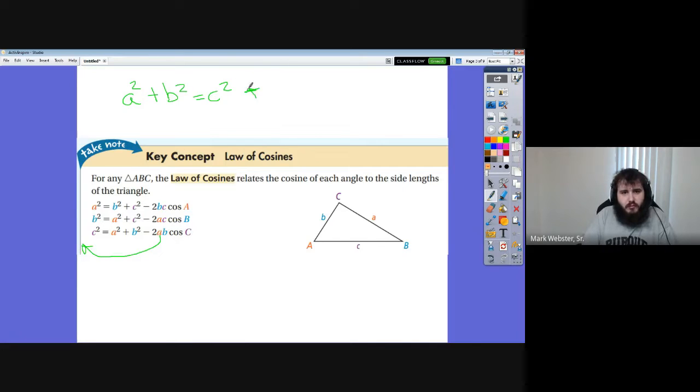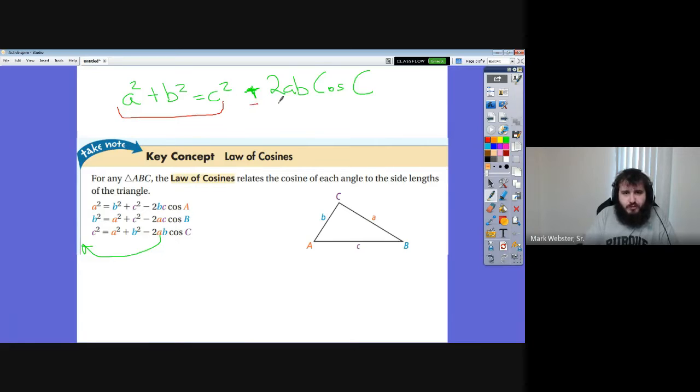So plus 2 side A, side B, cosine of angle C. Remember, only angles go into the cosine. So now look how everything's set up.